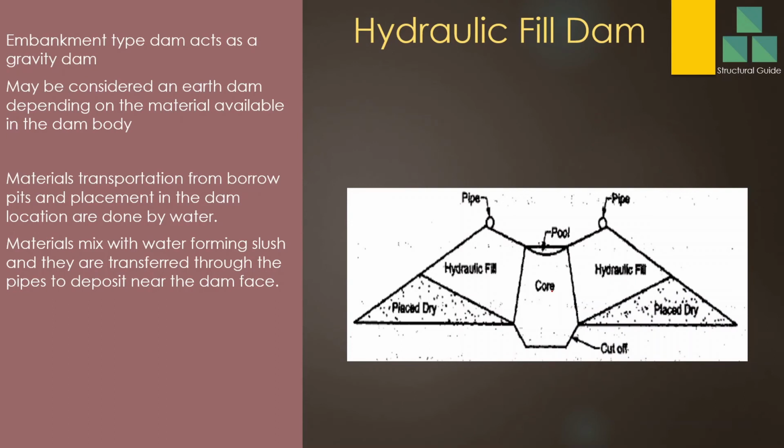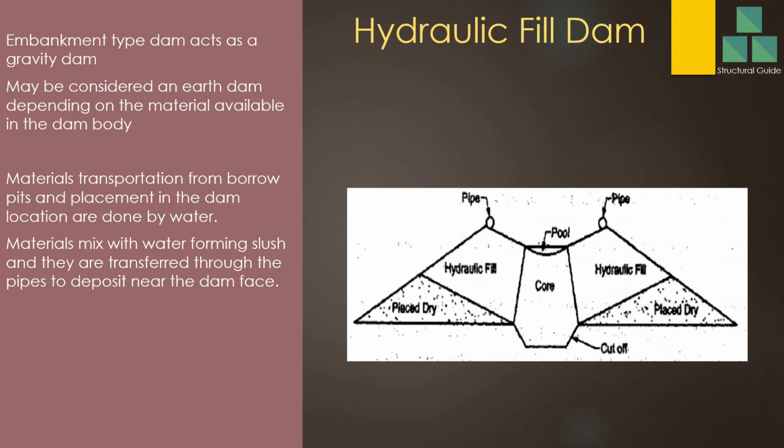Hydraulic fill dams. These are also embankment type dams. They act as a gravity dam. They may be considered as an earth dam also. Depending on the material availability of the dam body, we can classify these dams as earth dams.